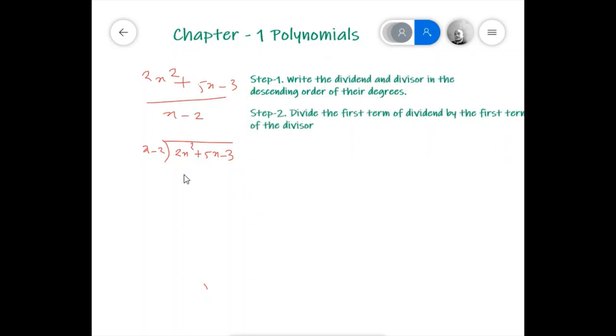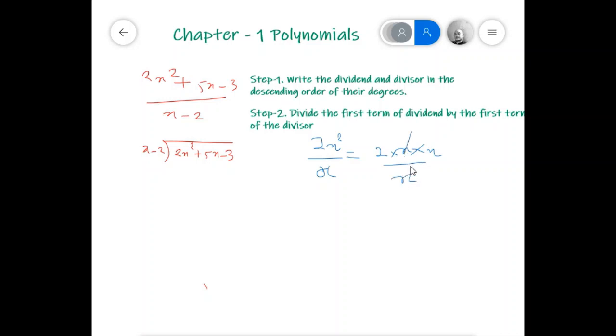Over here, what is the first term of the dividend? That is 2x square. And the first term of the divisor is x. So let's divide it. 2x square divided by x. What will be the answer? When we factorize it, it becomes 2 into x into x upon x.